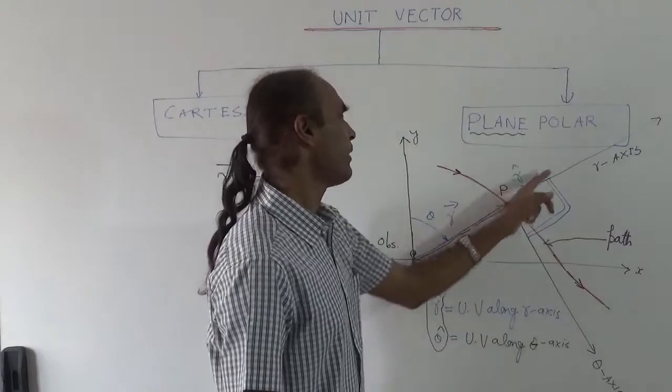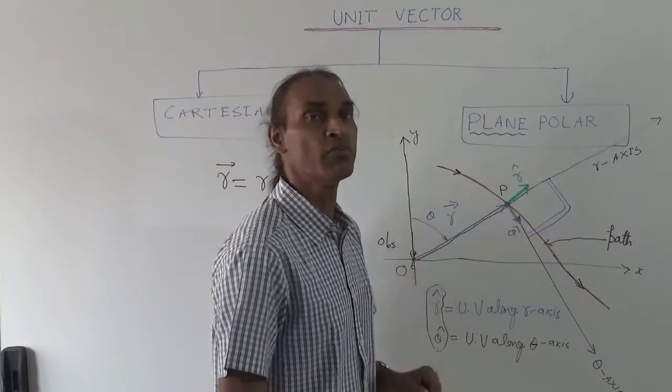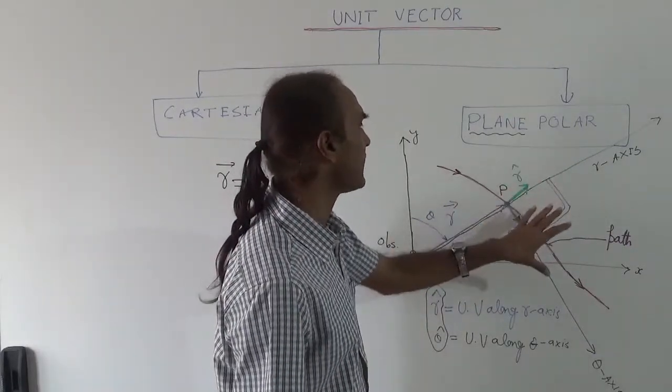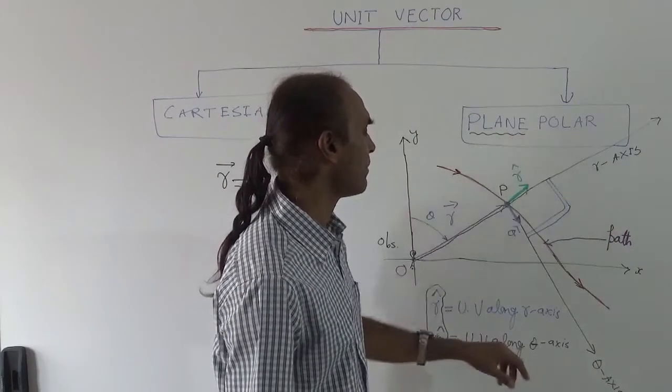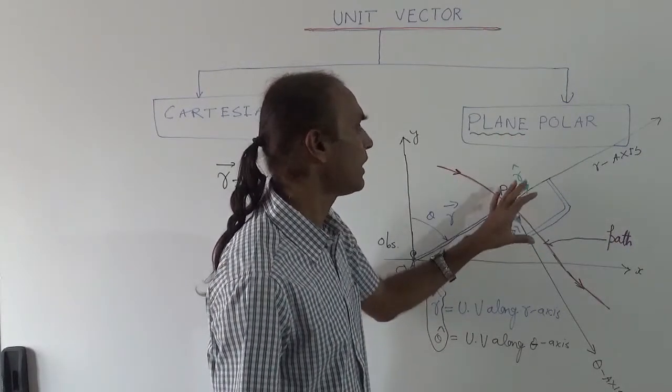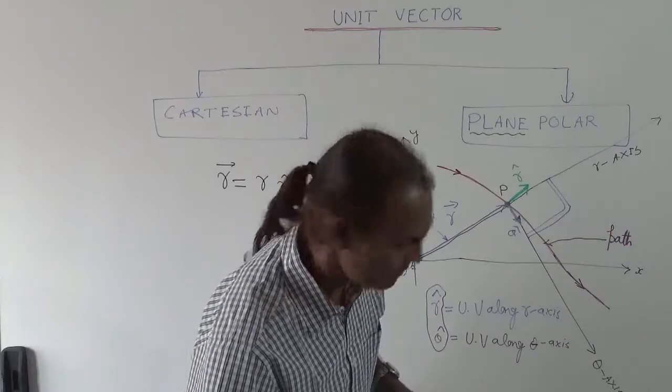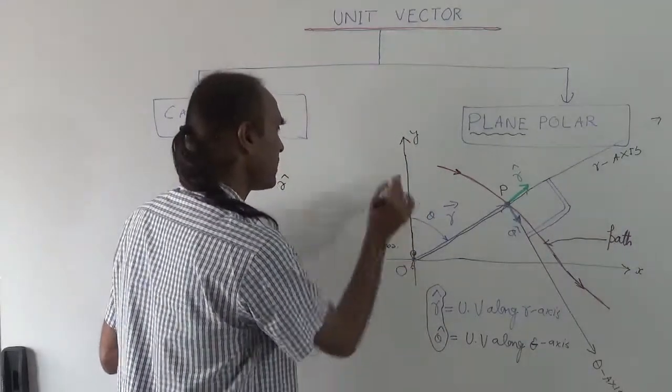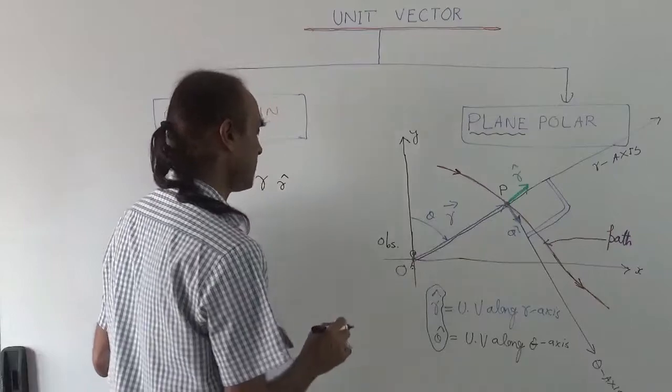Therefore, these two axes must move. In other words, the plane polar coordinate system is a moving coordinate system, whereas the Cartesian coordinate system is a fixed coordinate system.